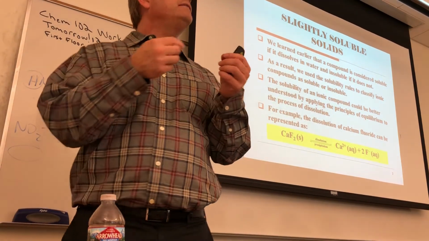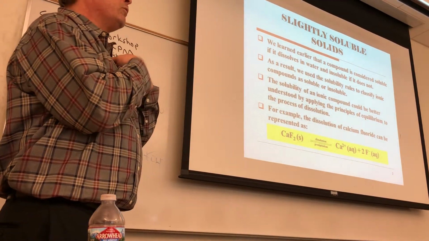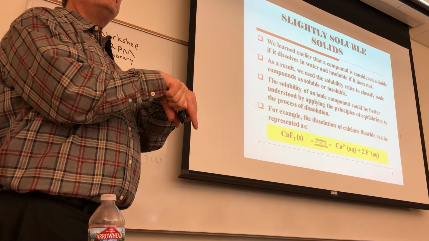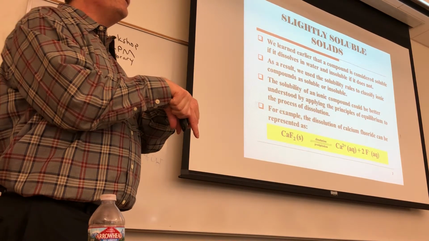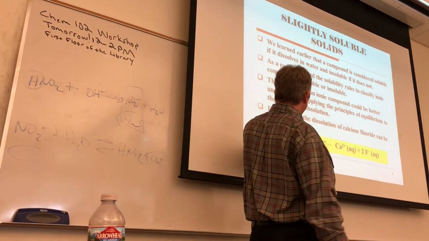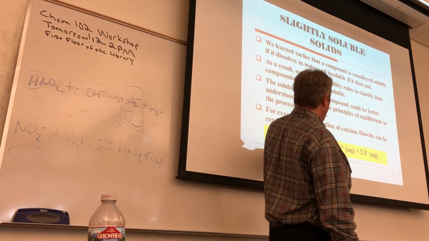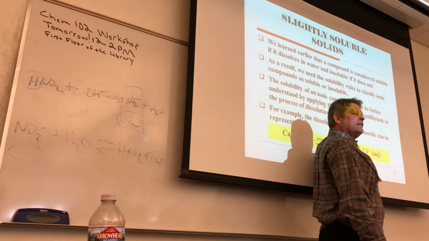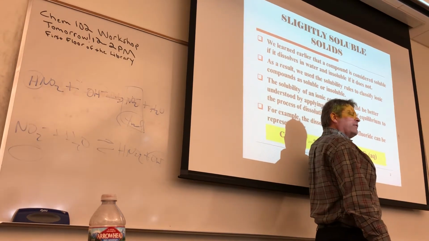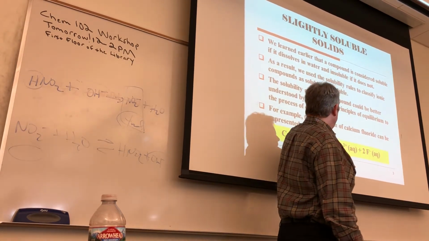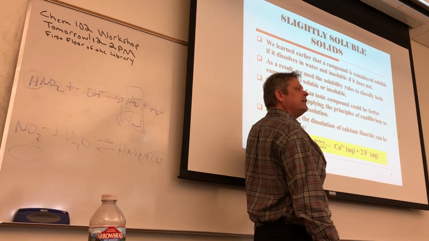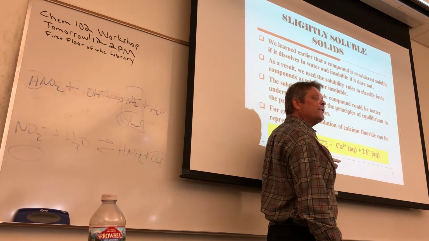But do you think that some of those precipitations were just 100% precipitate? No. I have this CaF2 in water, and it's a solid. Some of it actually goes into its ions. They call that dissolution, and then some of it comes back into an equilibrium, which now you're really, really familiar with.